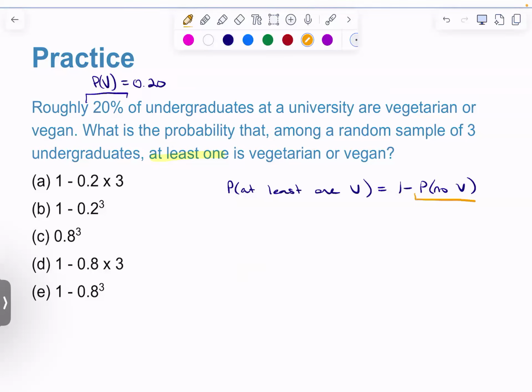Easy enough. The probability of no vegans or vegetarians is going to be, 1, 2, 3 undergraduates, each with a probability of being vegan or vegetarian of 0.2, which means not vegan or vegetarian has a probability of 0.8, times 0.8 times 0.8.